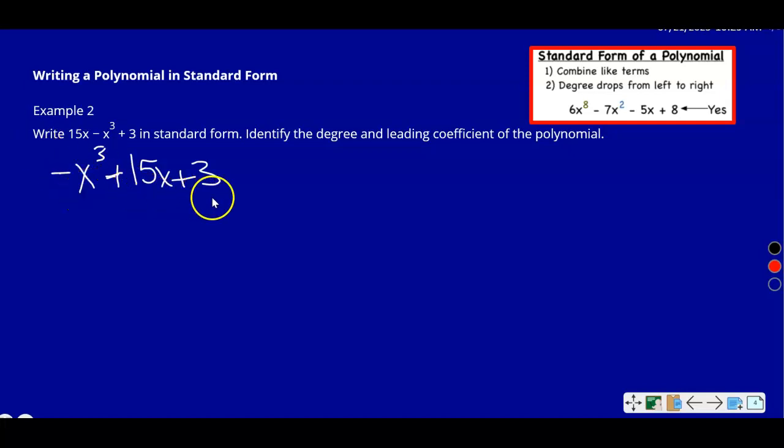This is considered a trinomial because it has 3 terms. The degree is 3 because that's the highest exponent. And the leading coefficient is a negative 1. So there's not a 1 there, but it's assumed to be a 1 because it just has a negative sign. So your degree is 3, and your leading coefficient is negative 1.